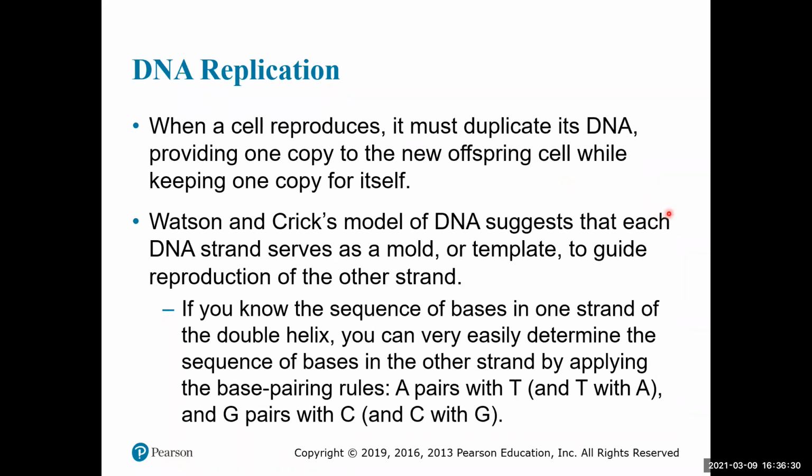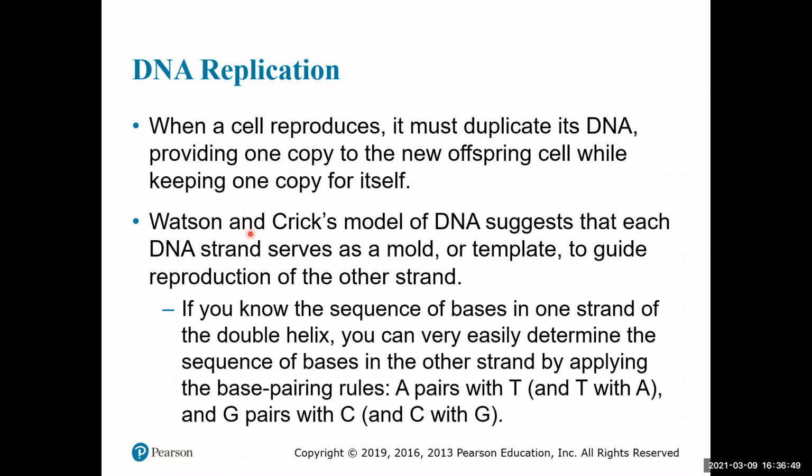And it's really important for that DNA to duplicate because when a cell reproduces, one copy of the DNA will go to the new offspring cell, while the other copy will be maintained in that parent cell.